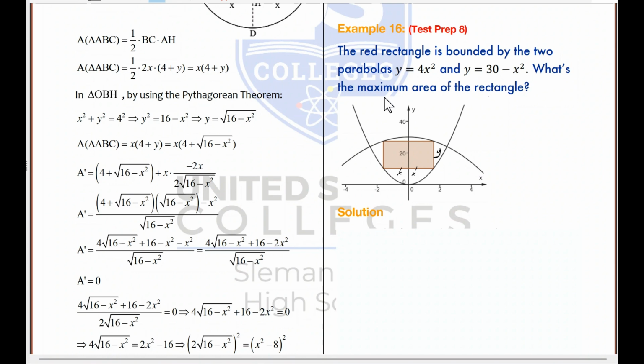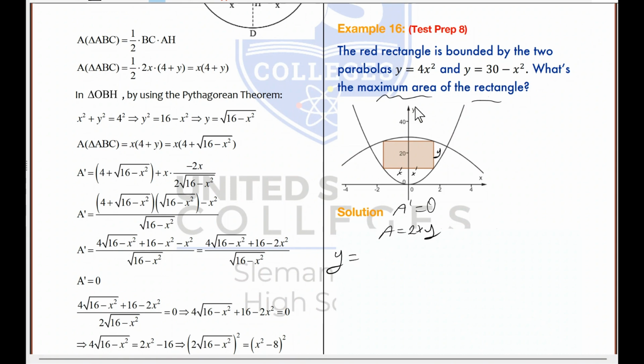We are looking for the maximum area. In order to have the maximum area, our area derivative should be 0. So what is our area? Our area is 2xy. So we need to write x in terms of y or y in terms of x. So what is y first?